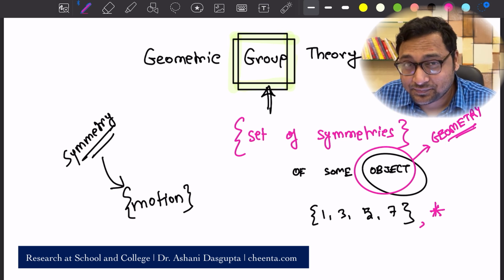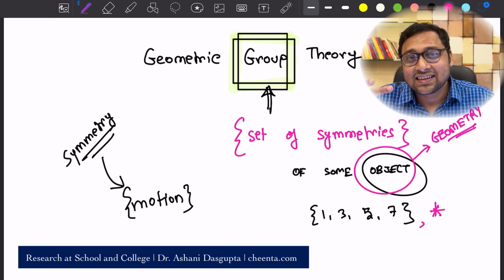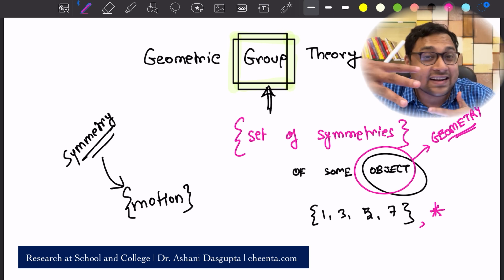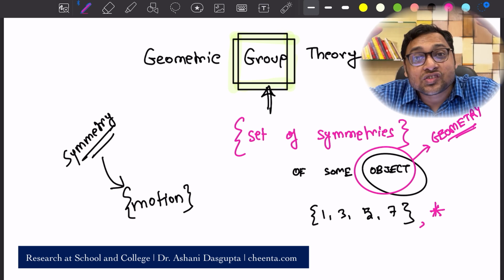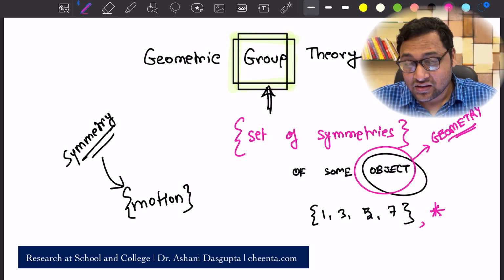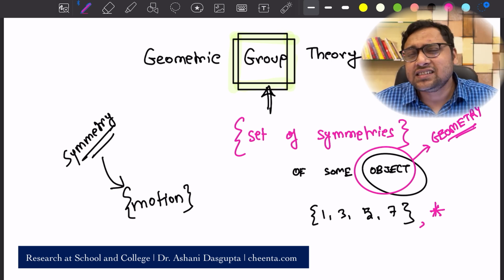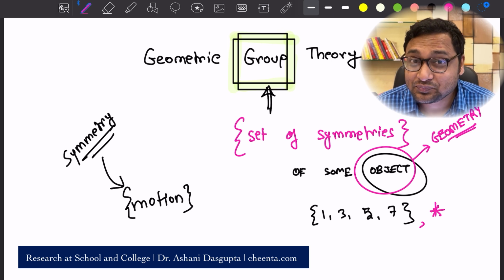Think about it. I have reversed the question. Now, instead of starting with an object and looking at its symmetries, I have started with an abstract group which contains a bunch of elements, and we have no idea whose symmetries we are looking at.